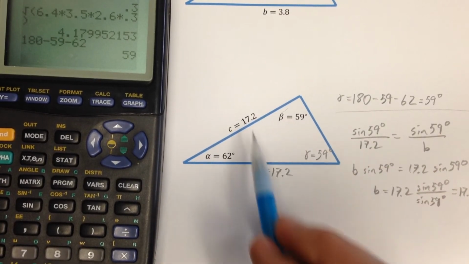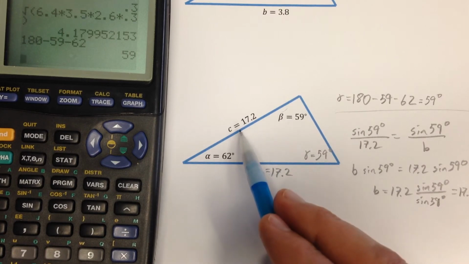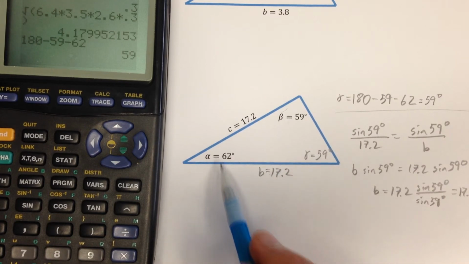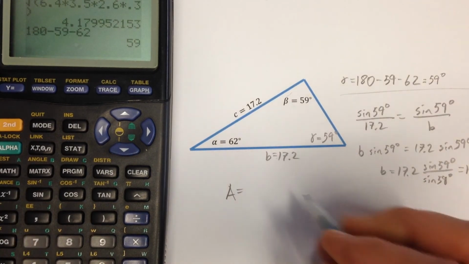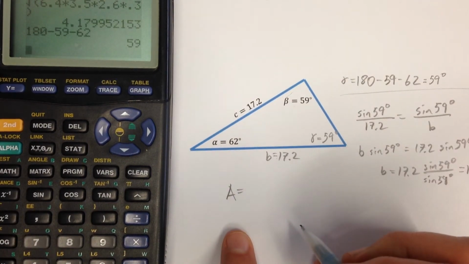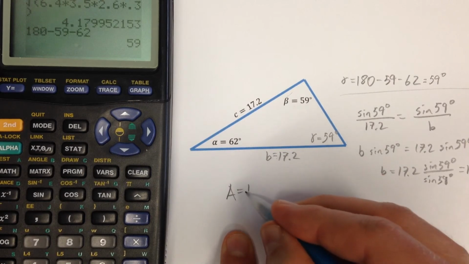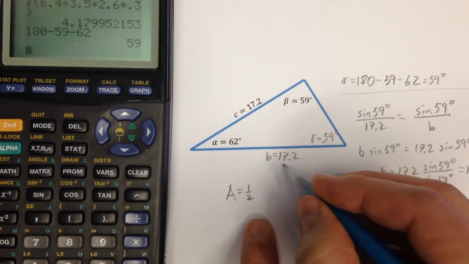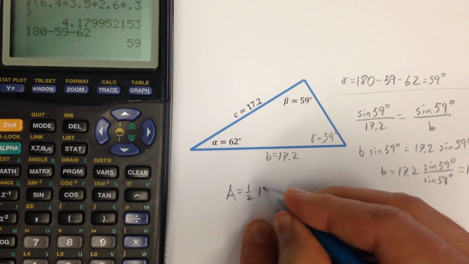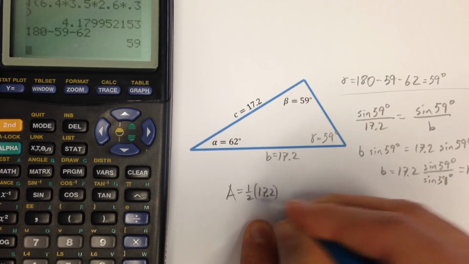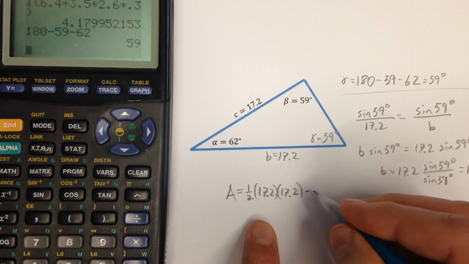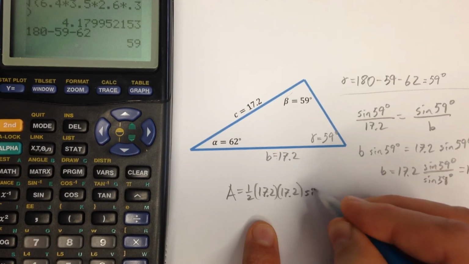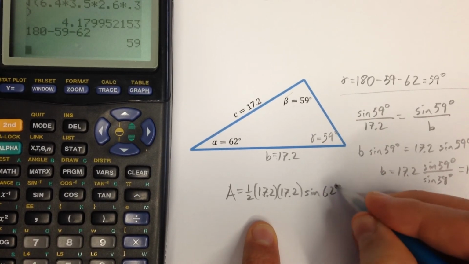Whether it's easy or not, you get side length B, side length C, and you have alpha. Now you're ready to find the area. So there might be some work before you can use one of the area formulas. So now it's 1/2 BC, 17.2 times 17.2 times the sine of 62 degrees.